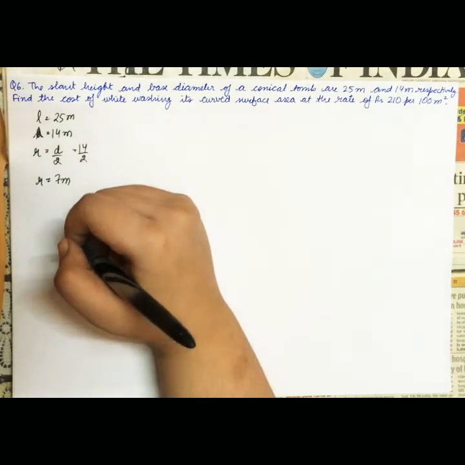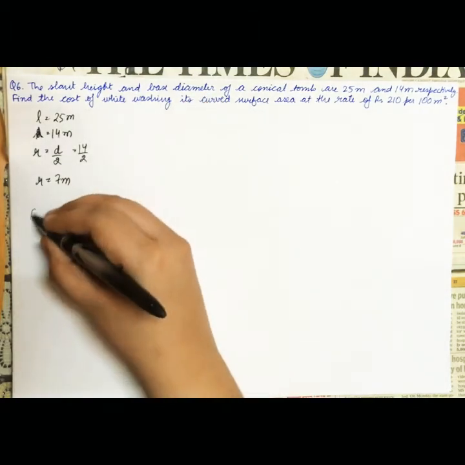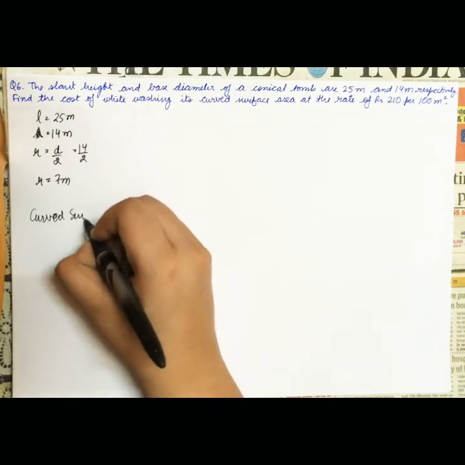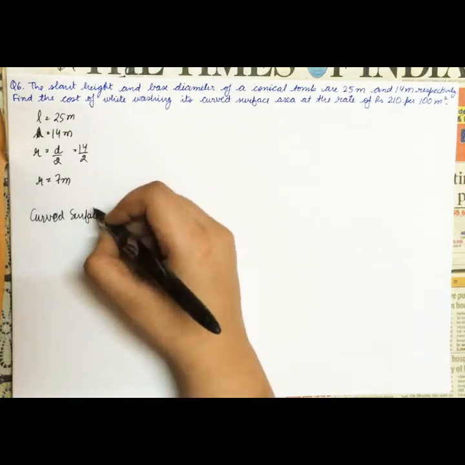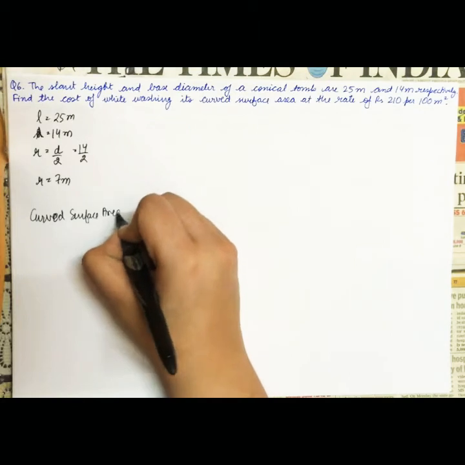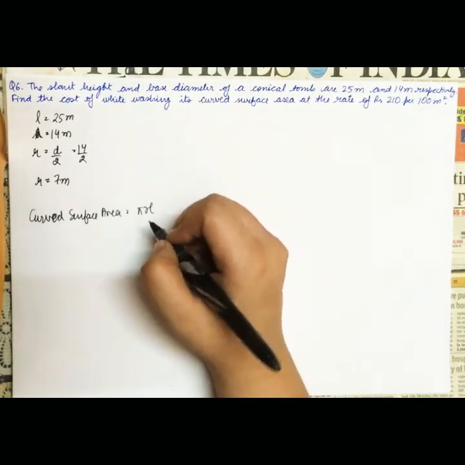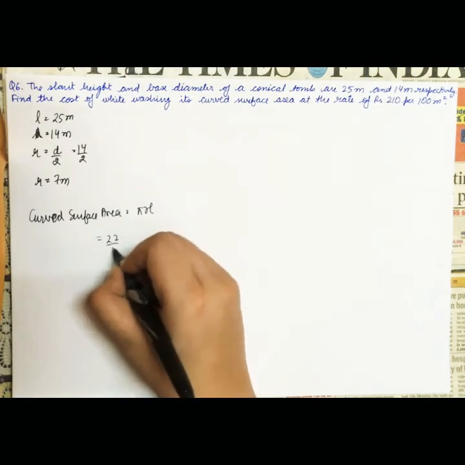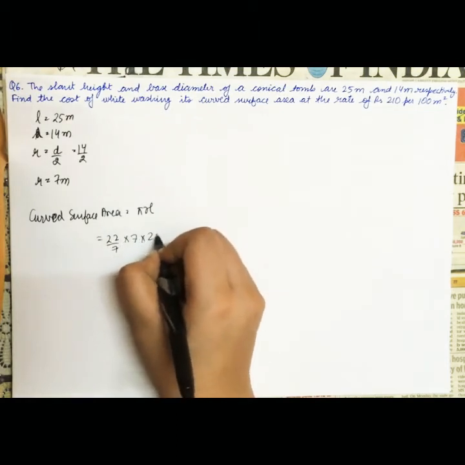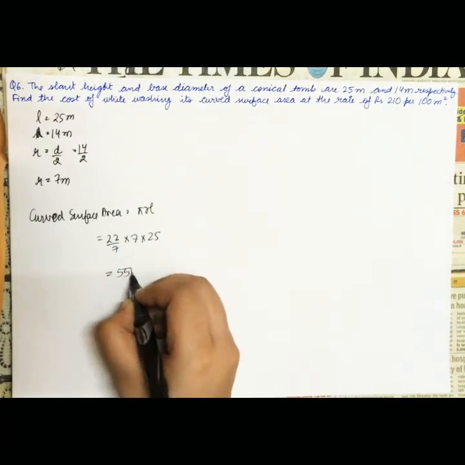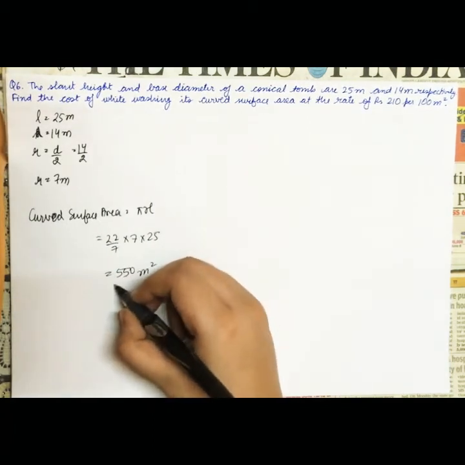Now we have to find the curved surface area of the tomb, which is equal to pi RL. Now we'll put the values, that is 22 by 7 into 7 into 25, which is equal to 550 meters square.